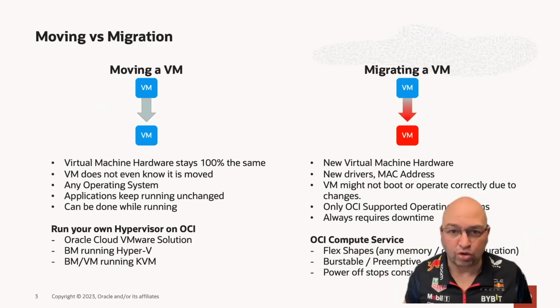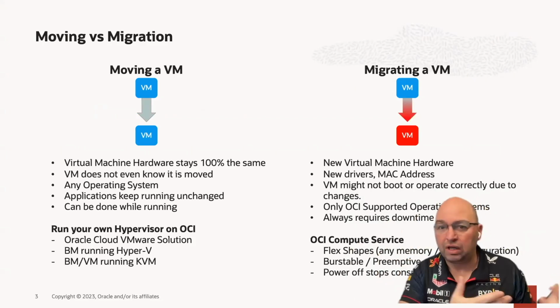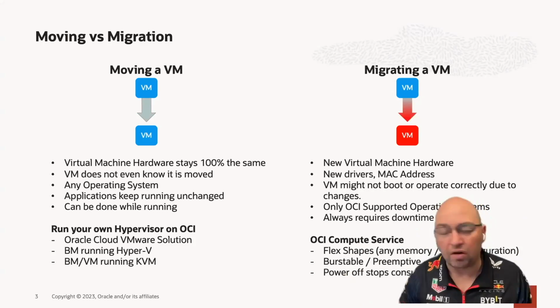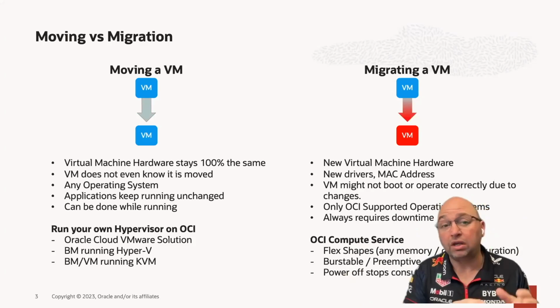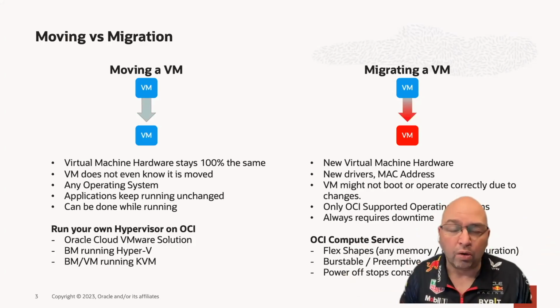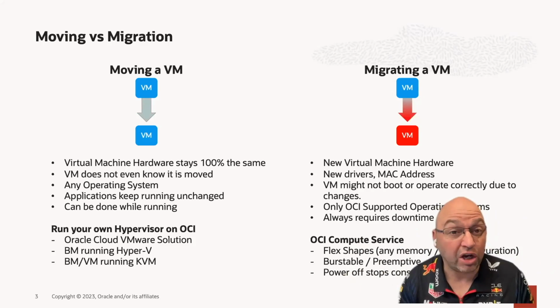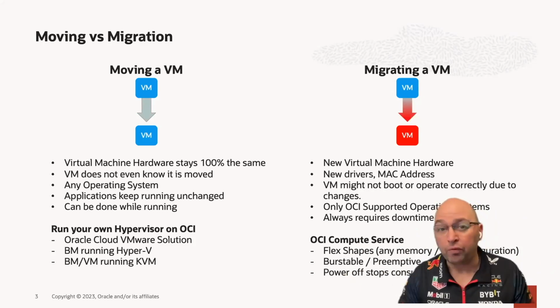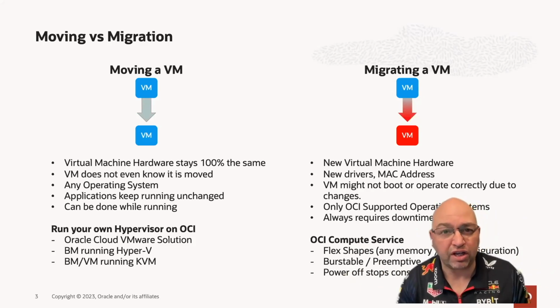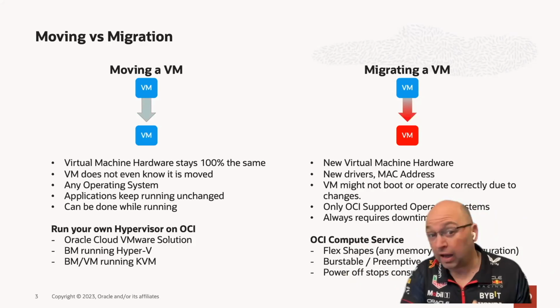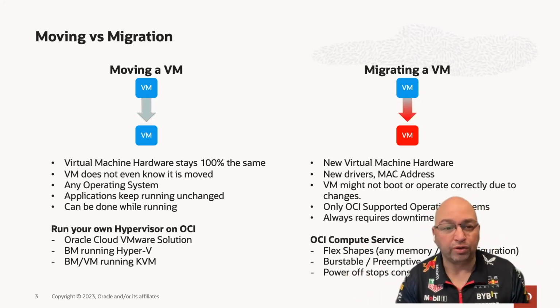It will see the same virtual machine hardware. It will keep running exactly the same application. Nothing will literally change. And we can do that from VMware to VMware, from Hyper-V to Hyper-V, from KVM to KVM. The Oracle Cloud is actually the only public cloud available where you can run any of your own virtualization stacks yourself, allowing you to do that movement.